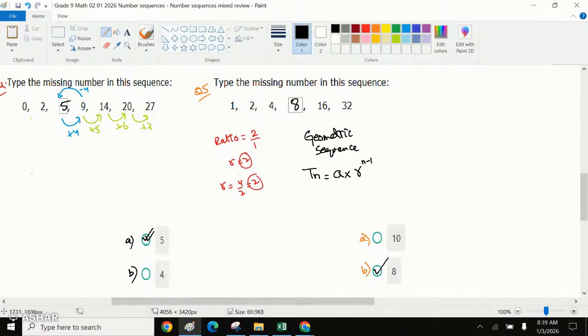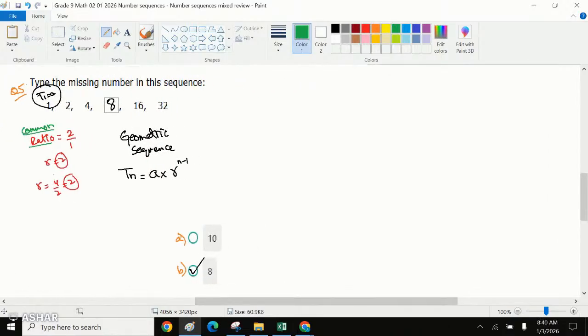A is always the term 1. Term 1 will always be considered as A. The ratio has to be the common ratio. Okay. Let's try one more question. Thank you for the answer. 8. I just clicked on it.